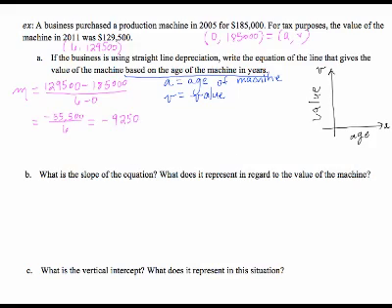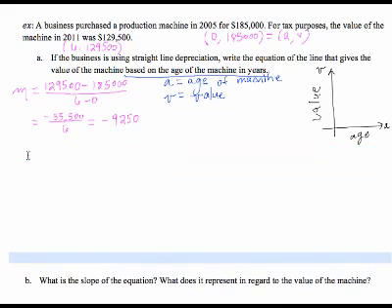In this case, we do know the y-intercept, because we're given it right here. When A is 0, V is 185,000. That is the y-intercept.